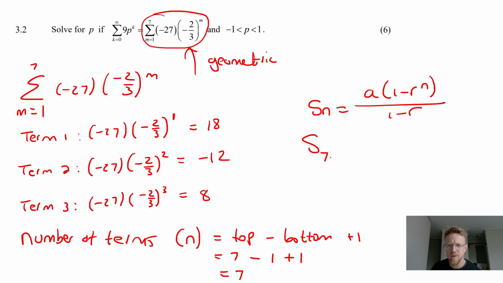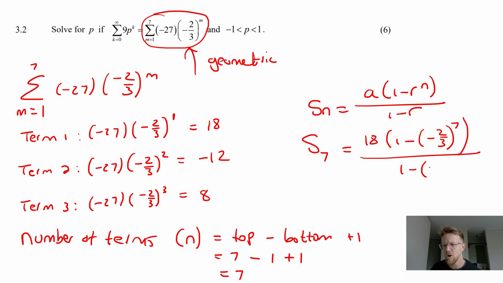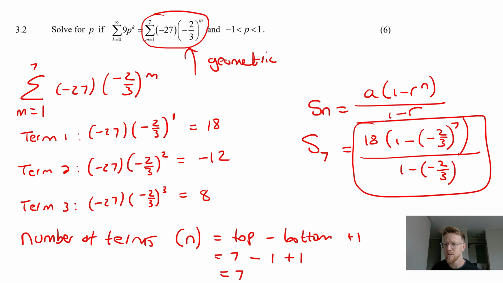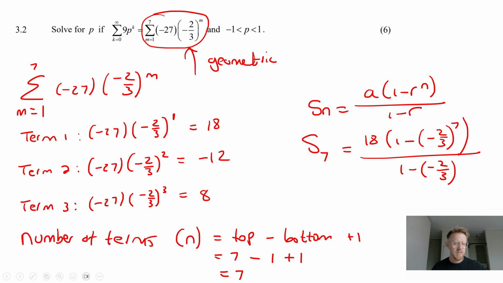So we now know that there are 7 terms, and term 1 is 18. The ratio that we found was negative 2 over 3, so you put that in a bracket to the power of 7, and then r is negative 2 over 3 over there. Now you can just type this all in on your calculator. So 1 minus 2 over 3.